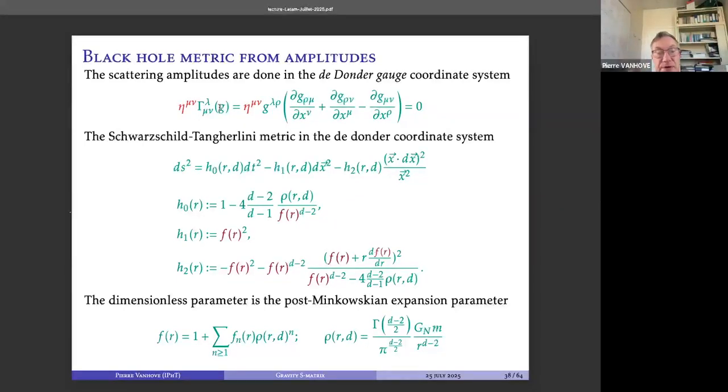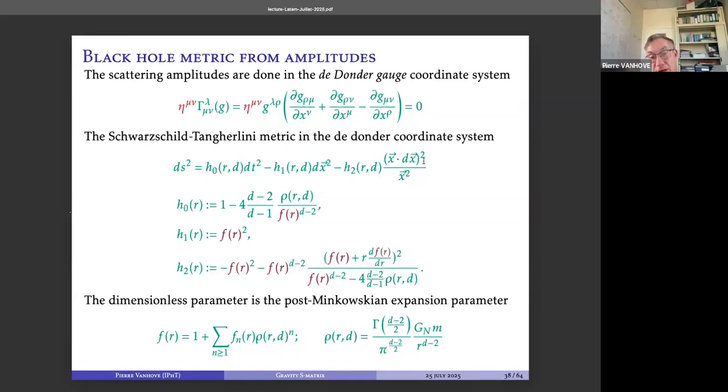So the gauge fixing term that you are going to use is what is called the De Donder gauge. And in fact, if you look at the metric for Schwarzschild in the De Donder gauge, it takes a form that is very different from the one that you are used to in the harmonic gauge.